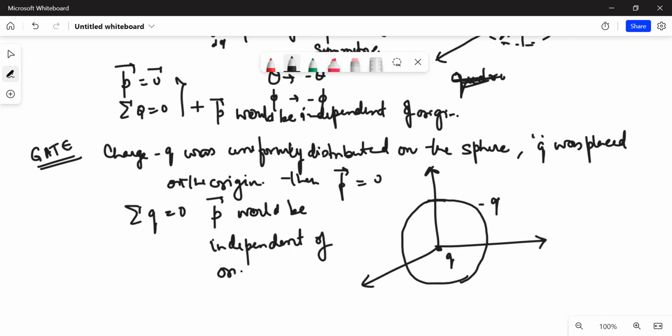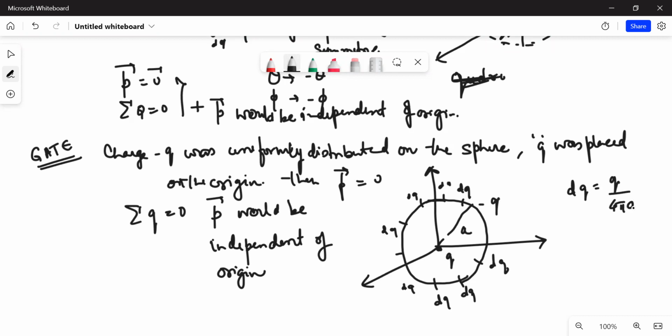Also, you can see that this is constituted by small charges dq, and each of them can be written as q upon 4 pi A square, where A is this distance. With respect to the origin, if you see this charge dq, there would be another charge symmetrically placed, not diametrically opposite, but an exact opposite.